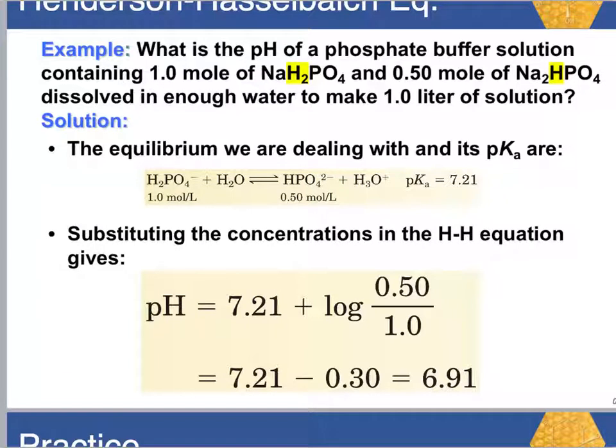In this example, it says, what is the pH of a phosphate buffer solution containing 1 mole of NaH2PO4, so sodium dihydrogen phosphate, and 0.5 moles of disodium hydrogen phosphate dissolved in enough water to make 1 liter. So here you can see that they gave you moles, not concentrations, but they did give you the liters.